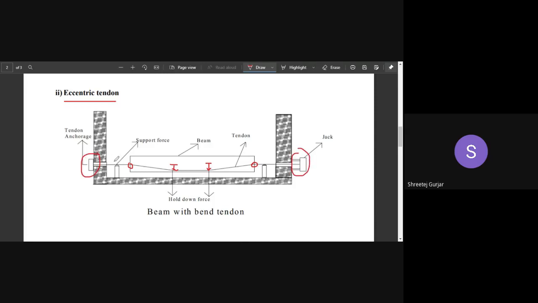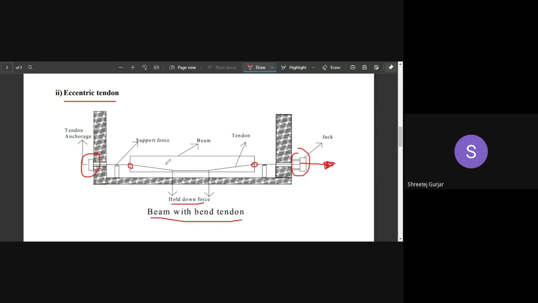The jack will be pulling your steel tendon, applying tensile forces, so tensile forces will be developed in your steel because of this jacking action. At this point the steel members are hooked and pulled down. It is called a hold-down force to apply your eccentricity. So this is a beam with a bent tendon, or what you call an eccentric tendon.